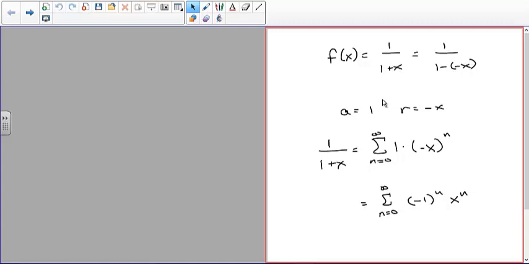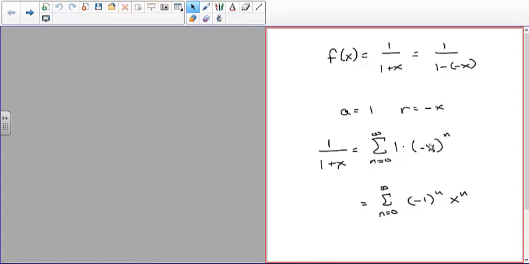In this case, a is 1 and r is negative x. So we can write this rational function as an infinite geometric series by substituting 1 for a and negative x for r.